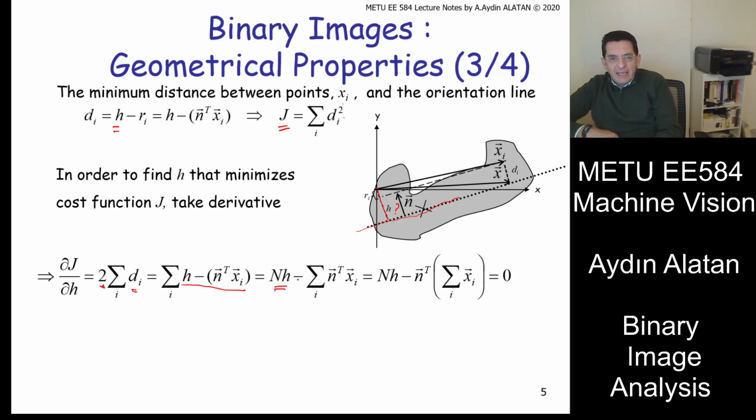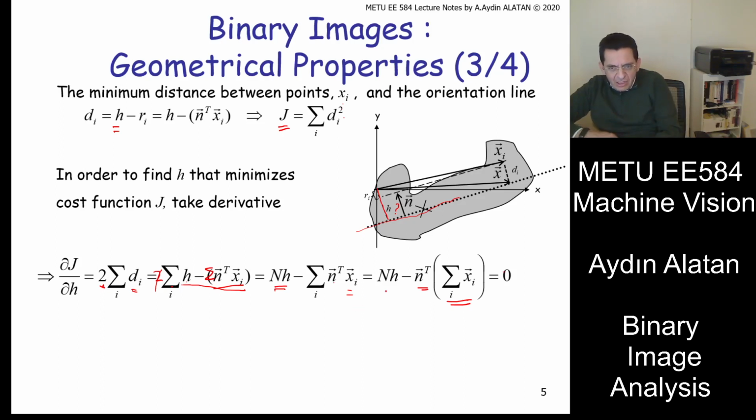There are m pixels over there. And then the other one will be h, and this will be going inside, and you will have the summation of this part, and n transpose xi. Obviously, n transpose is constant, and you obtain this thing, okay? There was 2, but 2 is not very critical. I think you will just cancel due to this equating to 0.